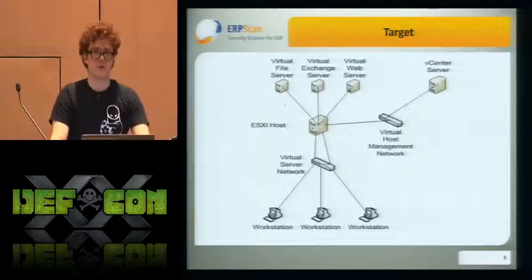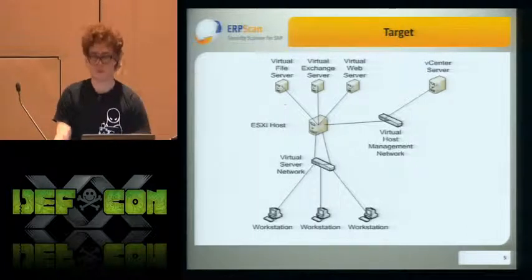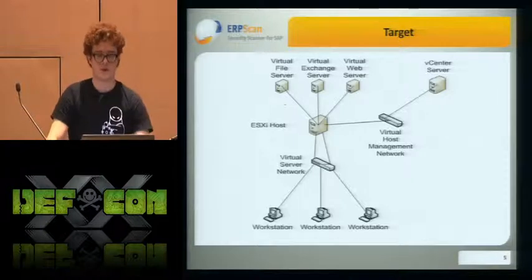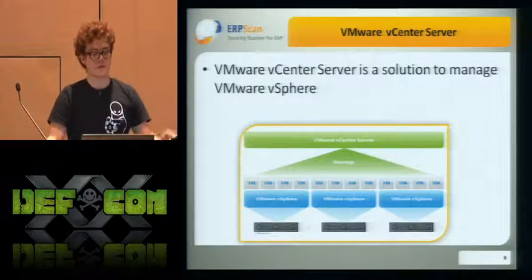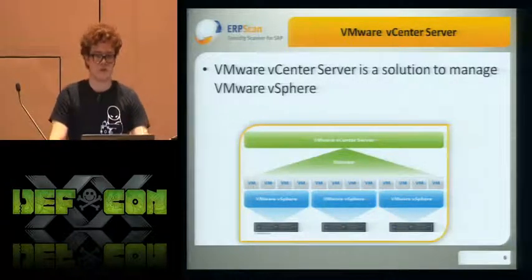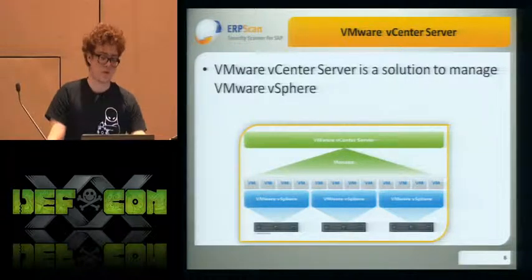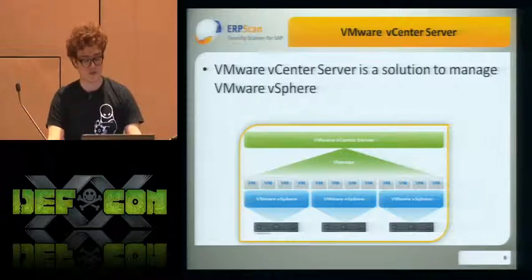All seemed pretty secure, all patched up with the latest updates. There was no default password or anything stupid, so we decided to attack the vCenter server, because vCenter is a solution to manage vSphere. So if we can hack vCenter, we can hack all VM machines and all infrastructure.